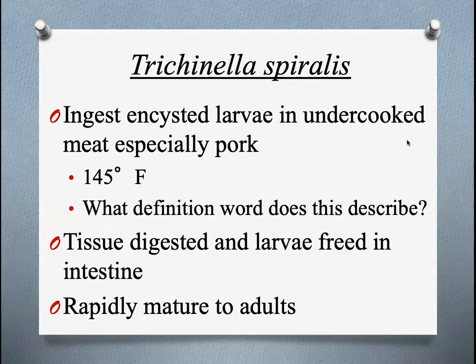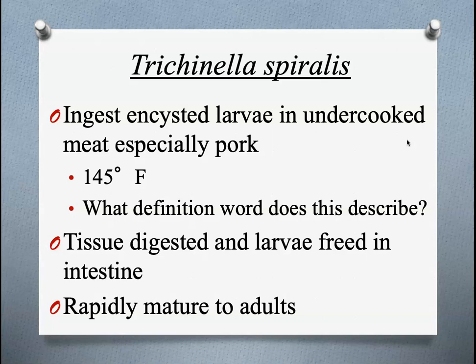The infective stage of Trichinella is the infected larvae that are ingested. So how do humans get this? Well, we are actually accidental hosts. This is typically a zoonotic infection where it just continues among animals. But we get it when we eat undercooked meat that is infected with this larva.